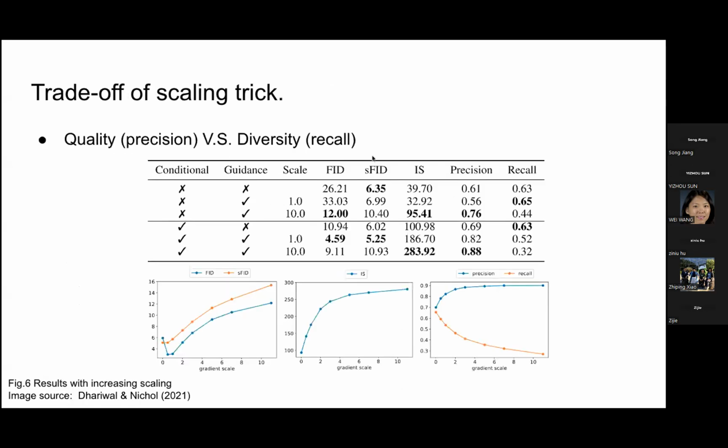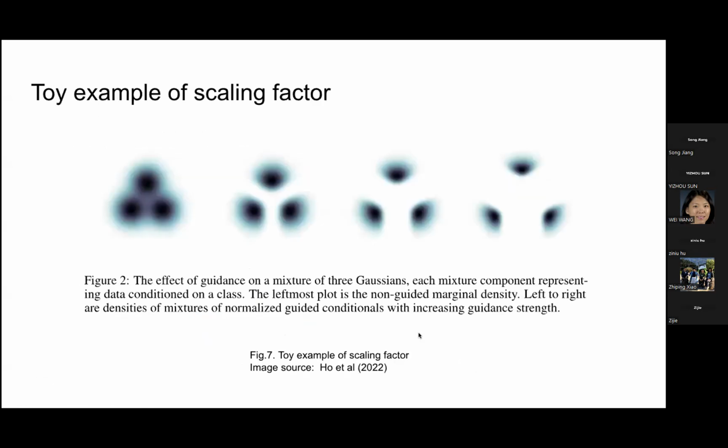But again, this is a trade-off, because when you increase the quality, or precision, you basically decrease the diversity, or recall. Some experiments in this paper also show this phenomenon. We also explained how the scaling factor gamma affects the distribution.